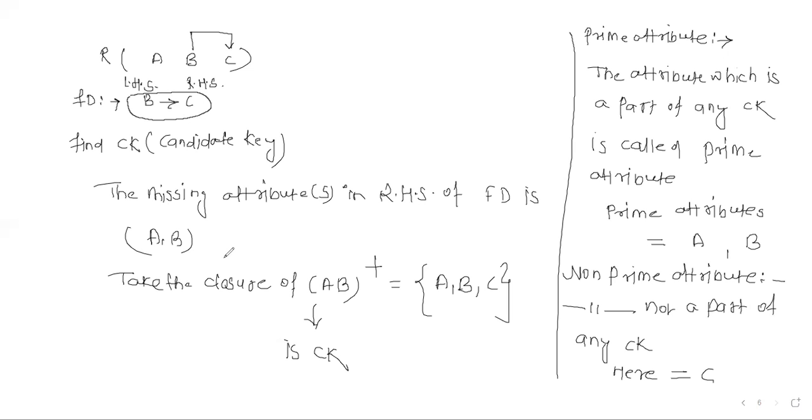So my question is, is the relation in second normal form? The answer is no. The relation is not in second normal form. So we'll go with this. Again, R with A, B, C, and we have derived that B can determine C, and we have proved that AB is the prime attribute set and C is a non-prime attribute.